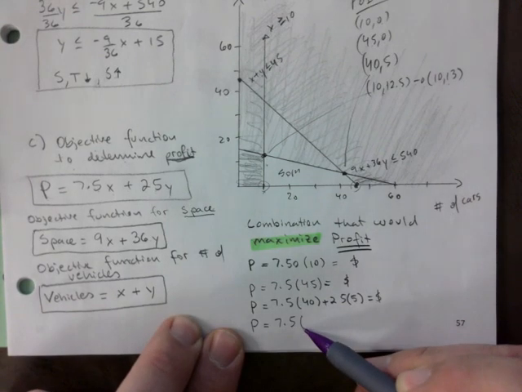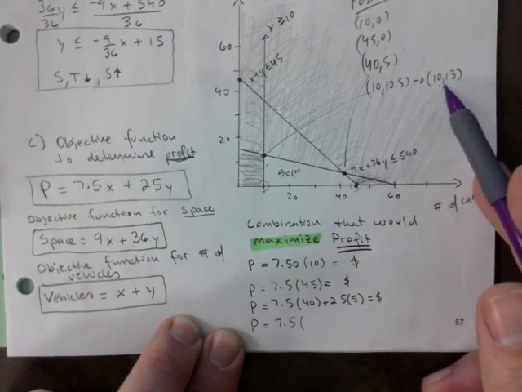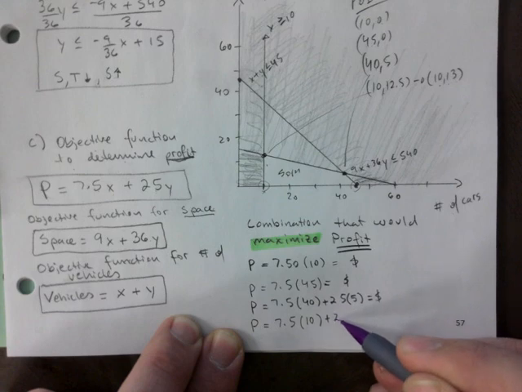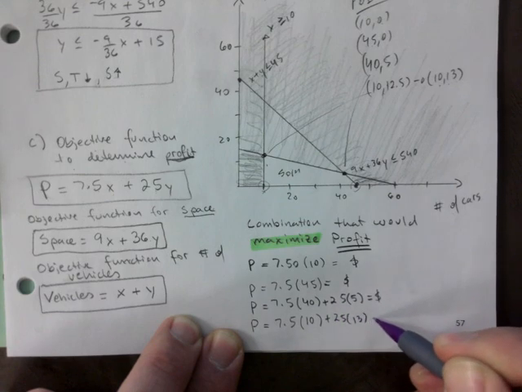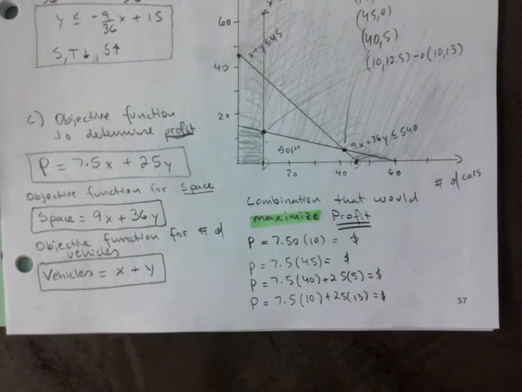Watch this. I don't plug in the decimal here. I plug in the rounded. So 1013, I'm going to plug in this time. And you're going to get a dollar amount. So the combination that gives me the highest dollar amount is going to be the best one, right? So you grab your calculator.